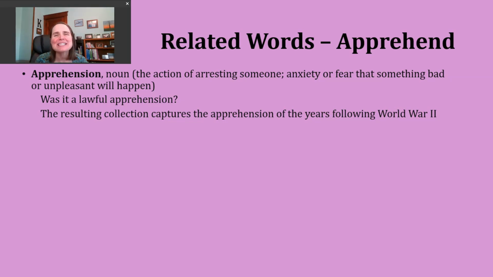A second way to use the noun apprehension is to refer to anxiety or fear that something bad or unpleasant is about to happen. An example of this meaning in a sentence would be, the resulting collection captures the apprehension of the years following World War II.